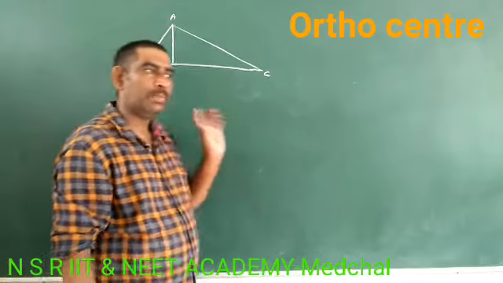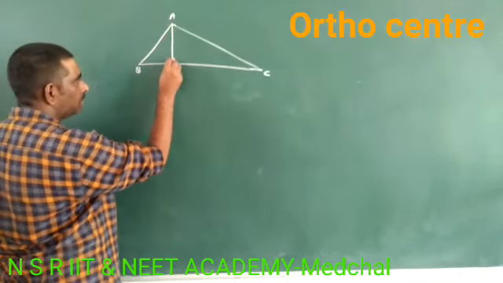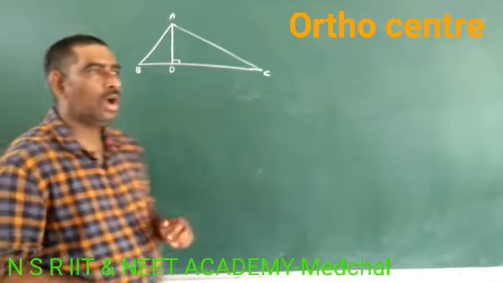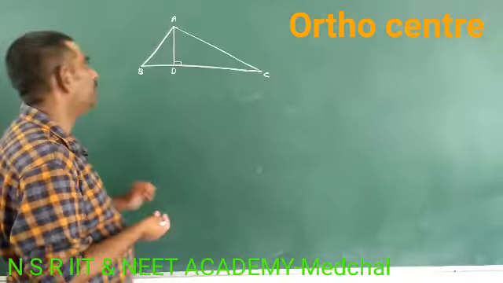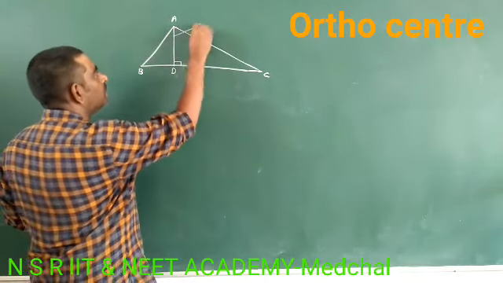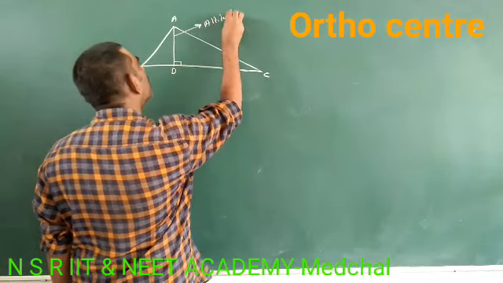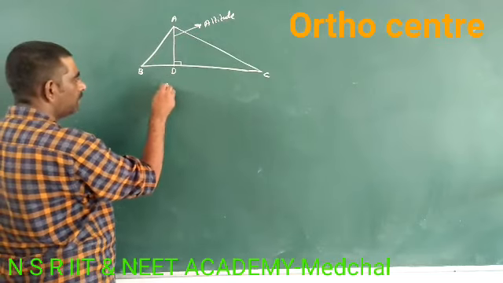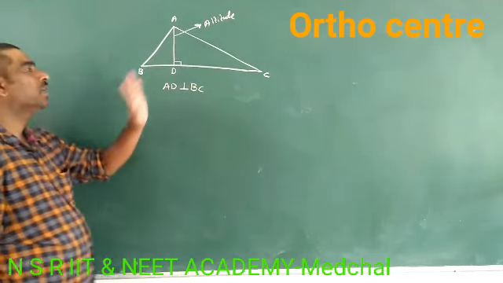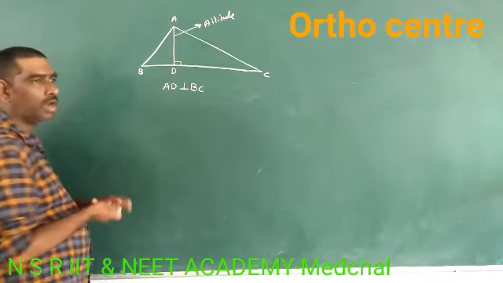A perpendicular line from a vertex to the opposite side is called an altitude. So AD is perpendicular to BC. D is not necessarily the midpoint of BC; it is the foot of the perpendicular to BC.